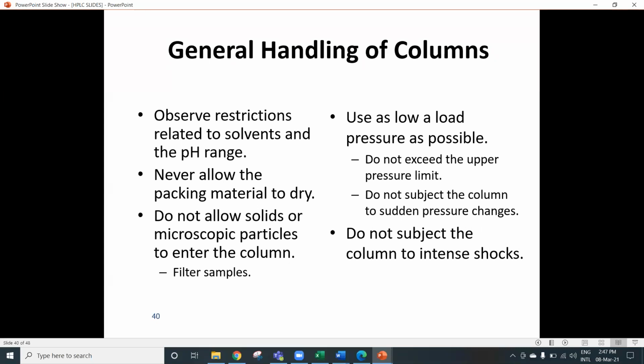Then the packing material in your column, you must not allow it to get dry. Then any solid or microscopic particles are filtered before they go into the column. Then you don't want to put too much load of your analytes on your column so you don't get your column damaged.